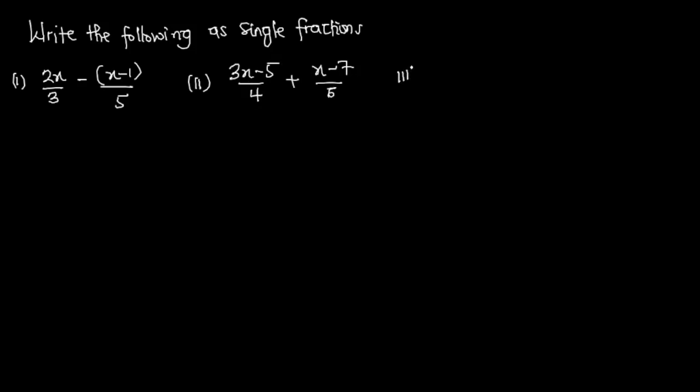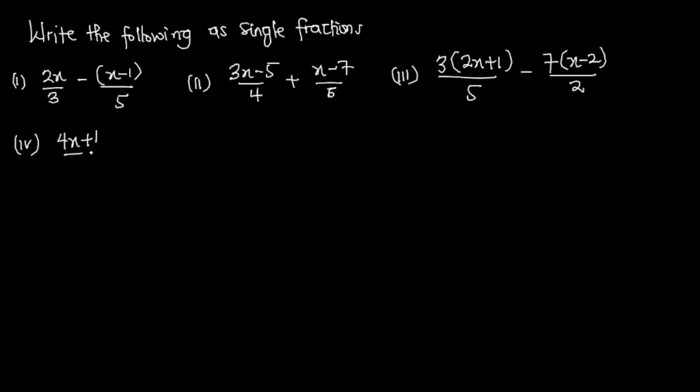Then our third expression is 3 outside bracket 2x plus 1 on 5 minus 7 outside bracket x minus 2 on 2. Then our last expression is 4x plus 1 on 8 plus 7x minus 3 on 12. Alright, so these are the expressions we are to write as single fractions.